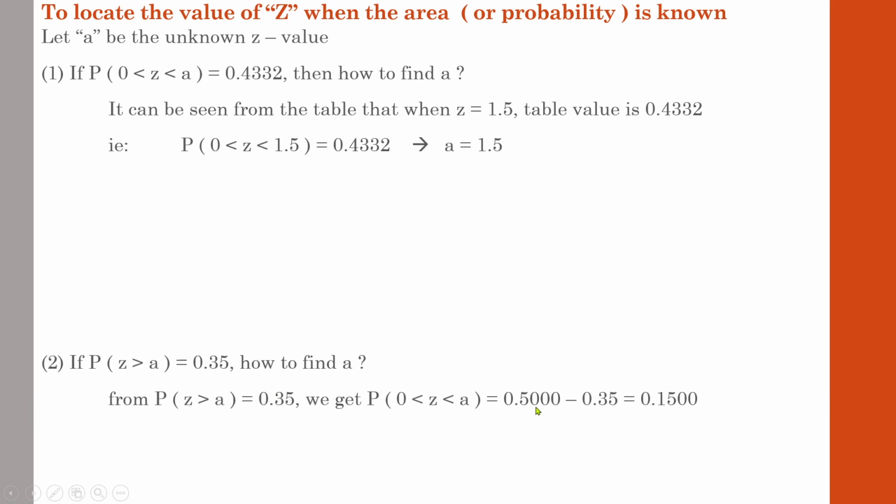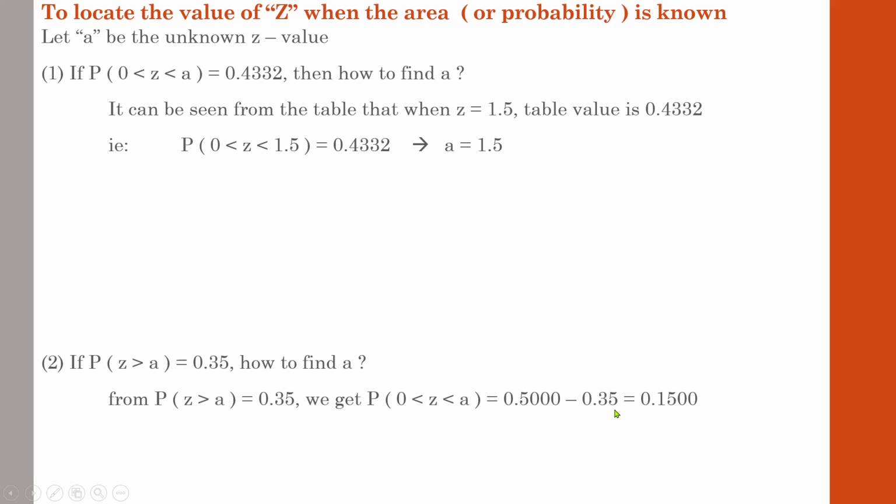You need to find the difference between 0.5 minus 0.35. Because when one value or 1 point is given, you have to deduct that value from 0.5. When 2 points are given, you take the difference between those 2 points only.